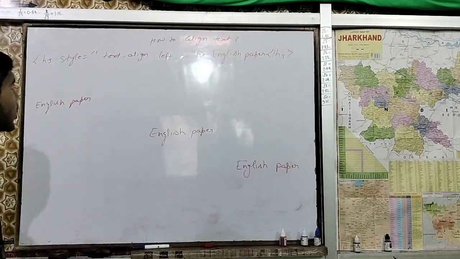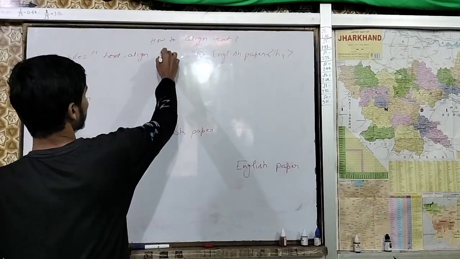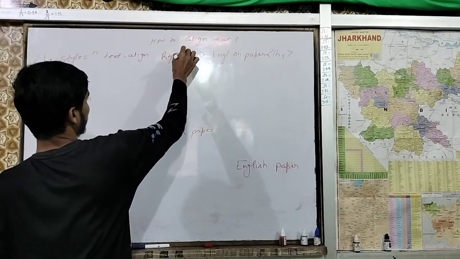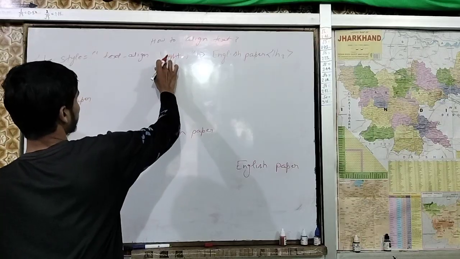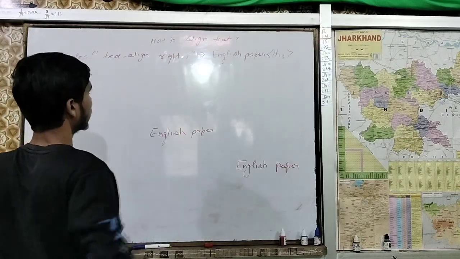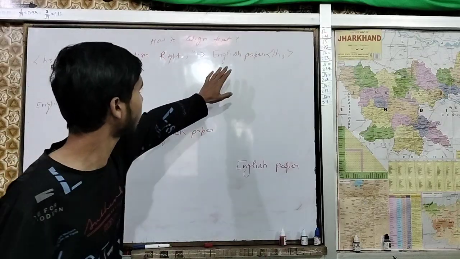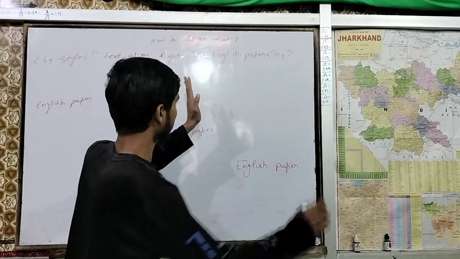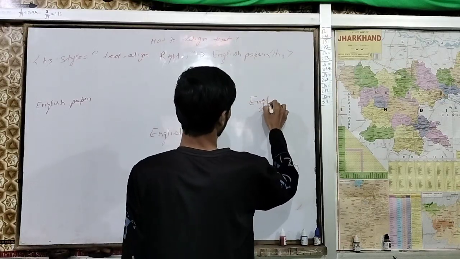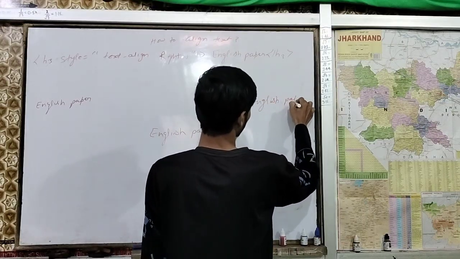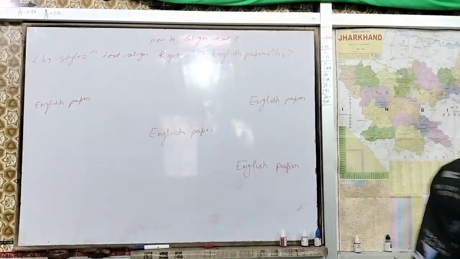If you replace this left word by right, now what will happen? This English text will come on this side. Clear? I hope you are crystal clear about this.